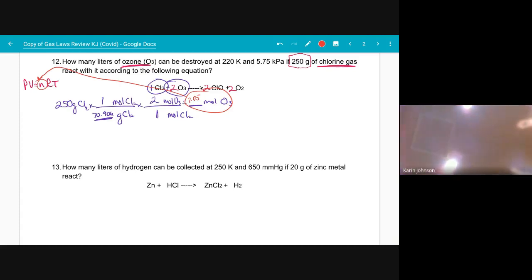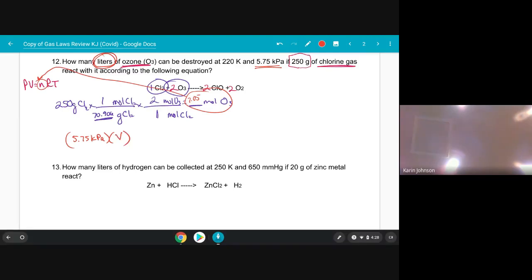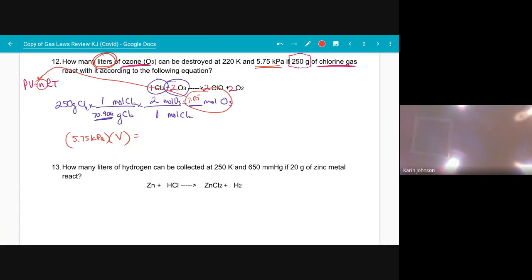So we've got pressure. Pressure is in kilopascals, so that's going to be 5.75 kilopascals. Volume is what we're looking for. It says how many liters, so I'm going to leave that as a variable V. And then n we said was the moles, 7.05 moles of O3.